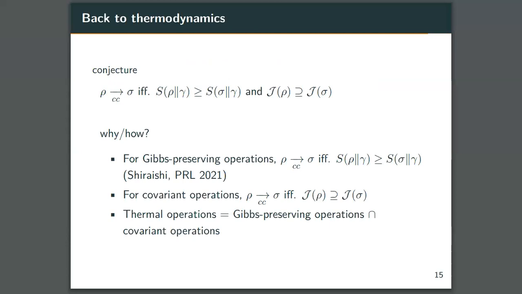Even for systems without any Hamiltonian, everything is covariant, because I don't have any Hamiltonian. In that case, the thermal operations would be something like noisy operations, and the Gibbs preserving operations would be something like unital operations, and there already is a gap there.